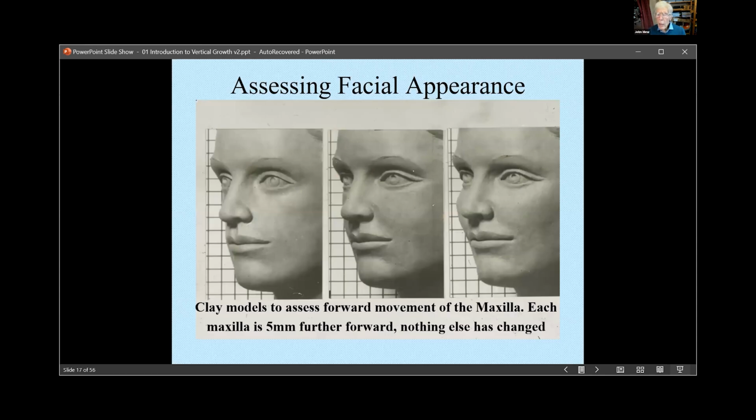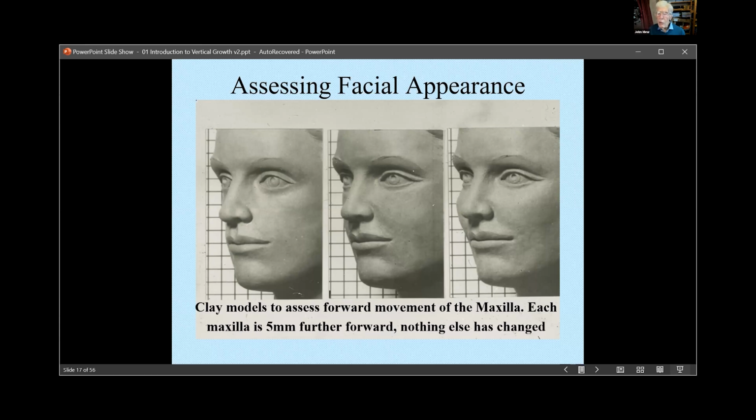Now, clearly, the shape of the whole face is involved in this, and I was interested in trying to find out what it was. Here, in fact, I got an artist, a sculptress, to alter the position of the maxilla by 5 millimeters.